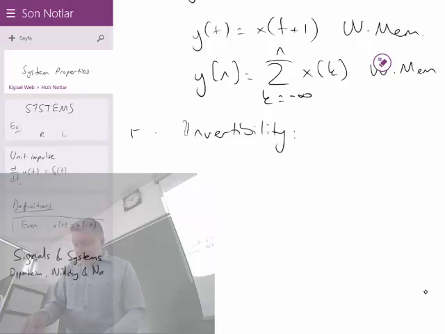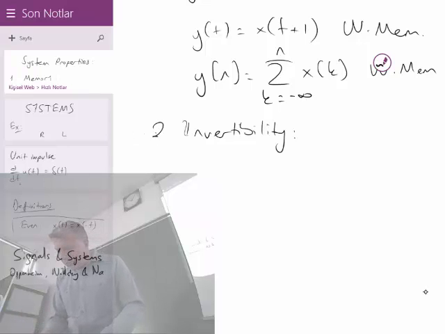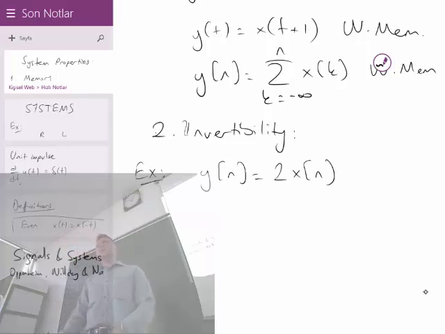It's not an example. It's property number 2, of course. Now comes an example. y of n is equal to 2x of n. An amplifier. Is it invertible or not? By inspection, of course, you can immediately find the inverse system.